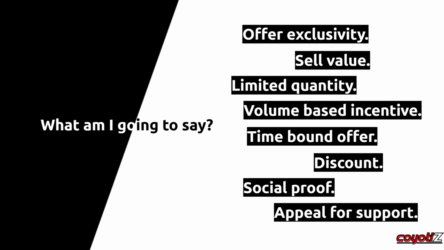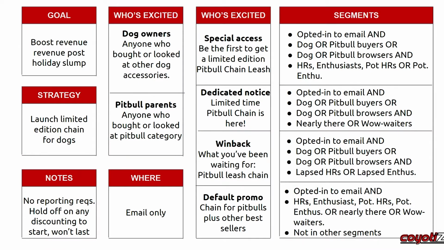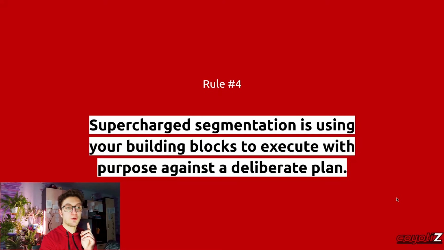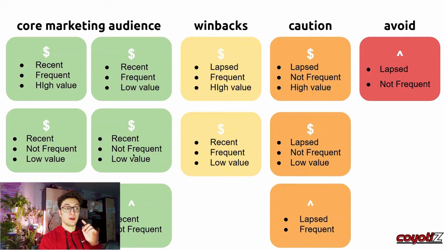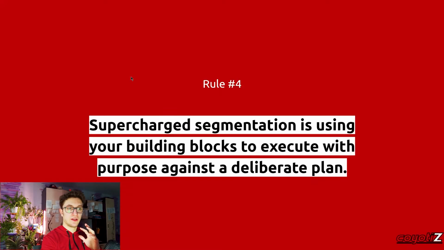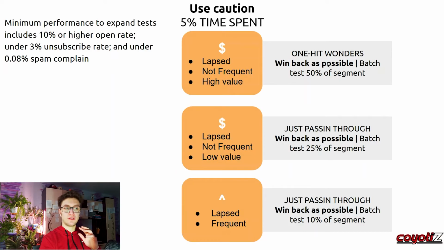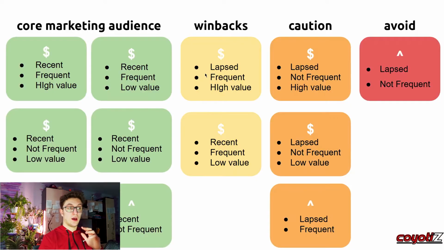Sorry guys, I'm jumping around, but basically: high rollers, enthusiasts, potential high rollers, potential enthusiasts, nearly theirs, and wow waiters. We include the whole green segment and batch it, as I said right here, with only 50% of this quadrant. So I would include 50% of these guys and 50% of these guys.